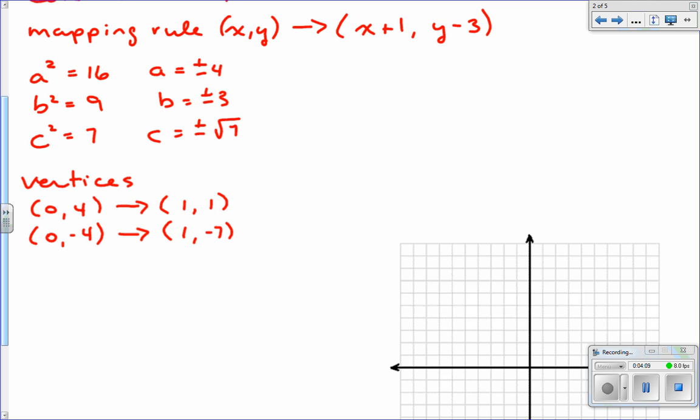If we look at the endpoints of our minor axis, they would have been at (3, 0) and (negative 3, 0). And again, we can see what they map onto. They'll map onto (4, negative 3) and (negative 2, negative 3).